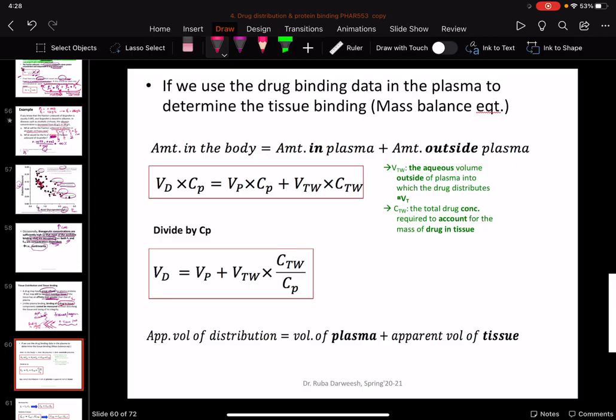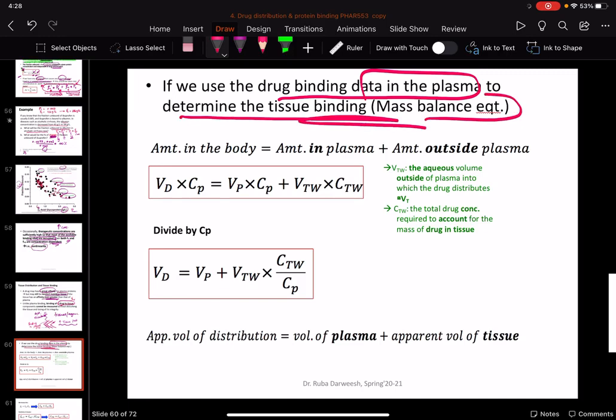So we can use what we know in the plasma to determine tissue binding in a mass balance equation, taking into consideration the volume in tissue, the aqueous volume outside of the plasma in which the drug is distributed.